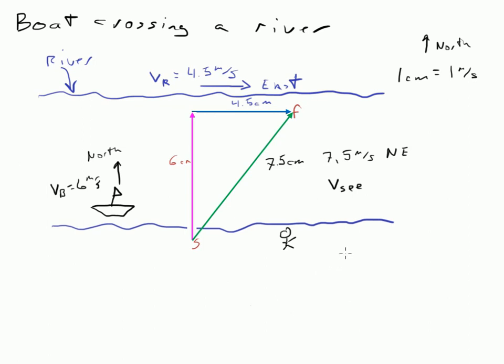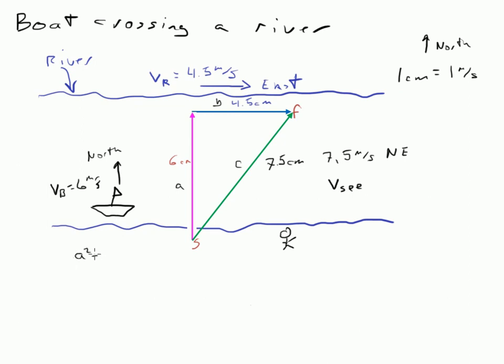Now, another way you can figure this out, maybe you don't have time to draw it out to scale, or you want to double check, is since this is a right triangle, this is your A, this is your B, and this is your C, you can use the Pythagorean theorem.